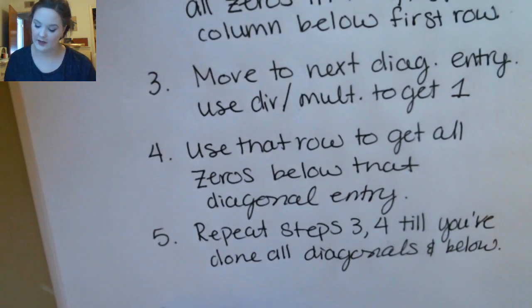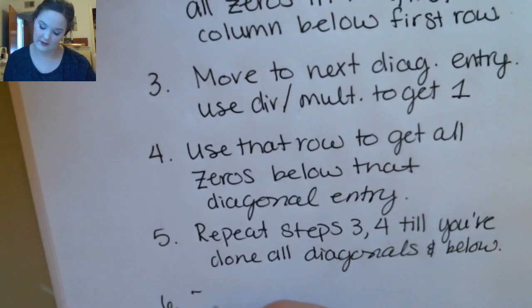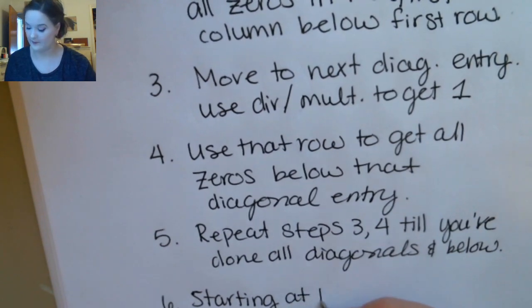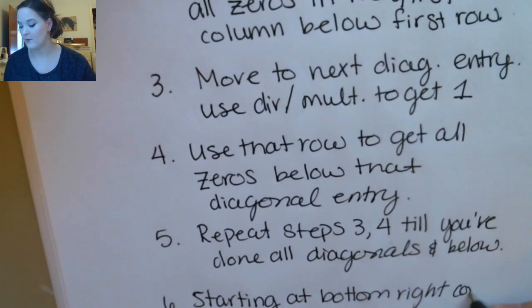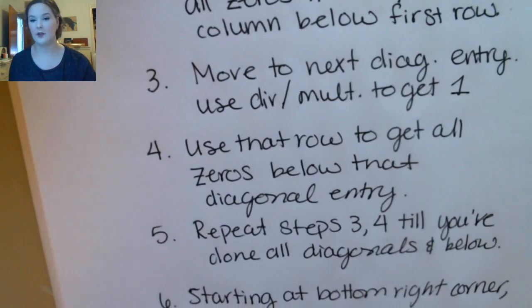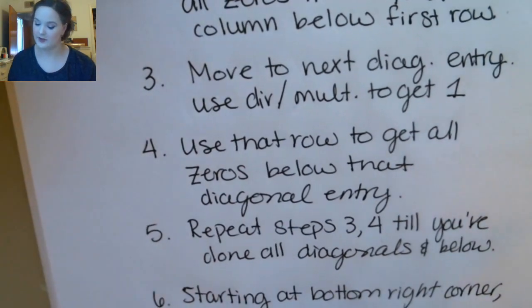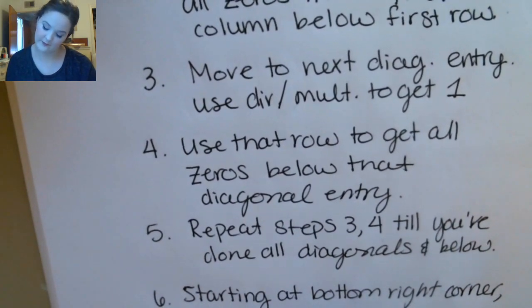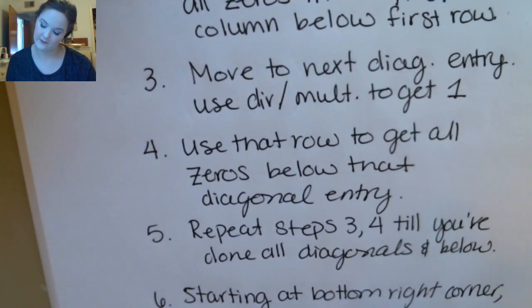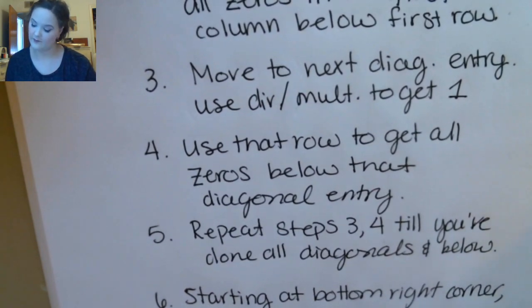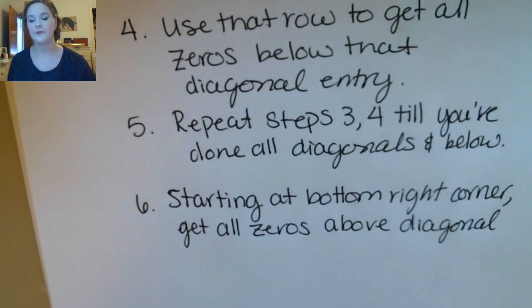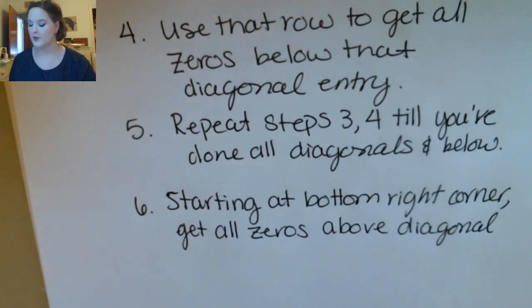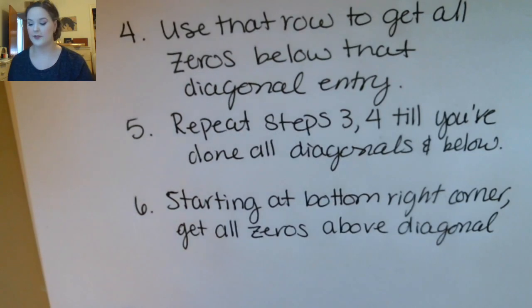And then you're going to eliminate, starting at the bottom right corner, above the diagonal entries. So that sounds more confusing than it is. So let's look at an example.